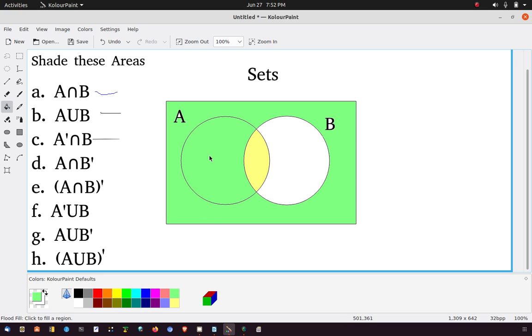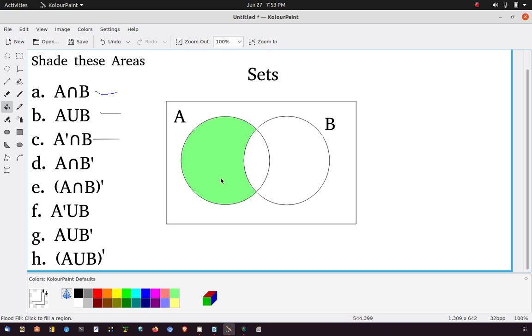What you have is this area, because outside here is not in A, right? It's A intersect B complement, and outside here is not in A, so this shouldn't be in it. Then this here is not in B complement.